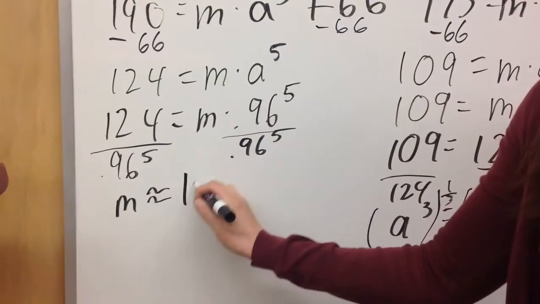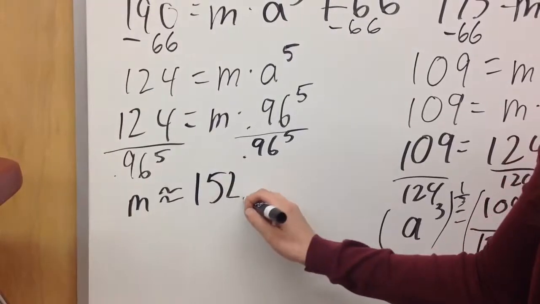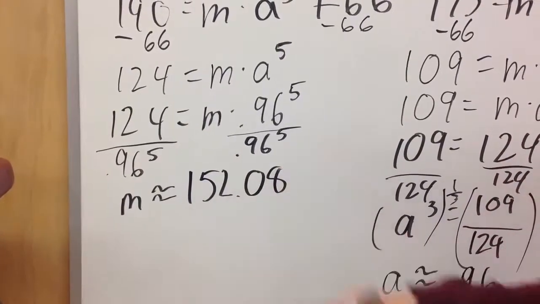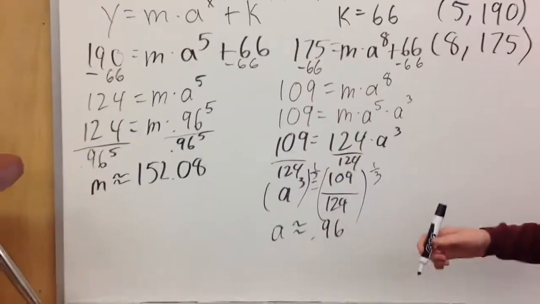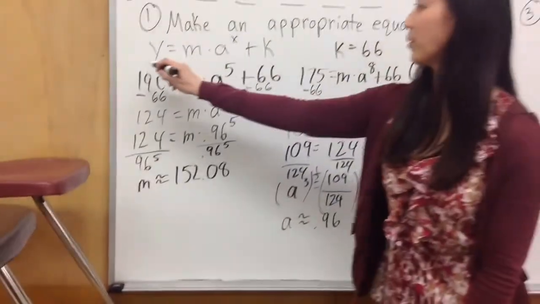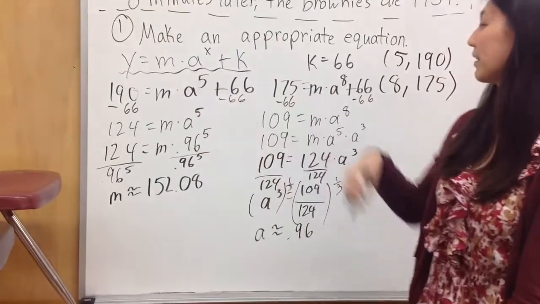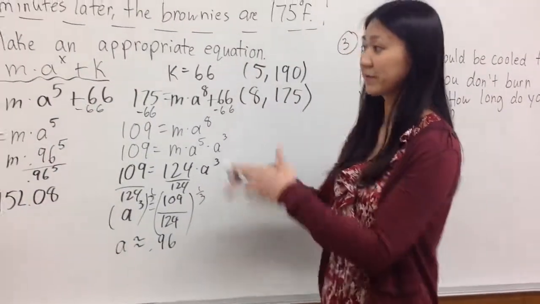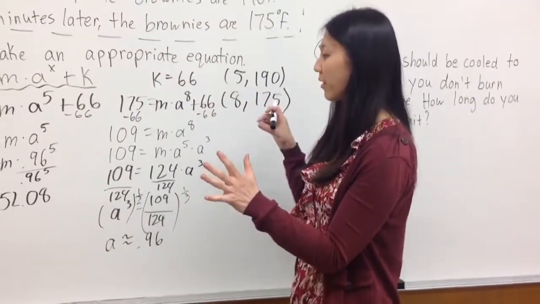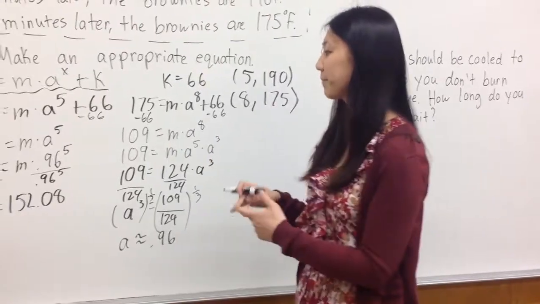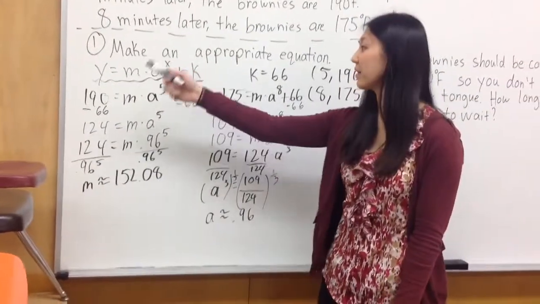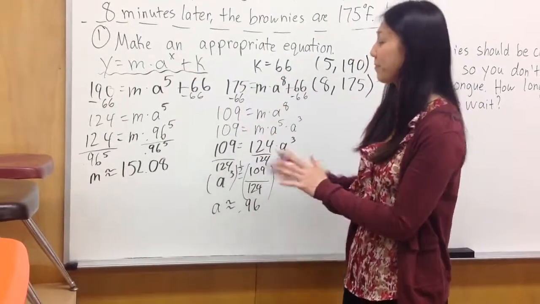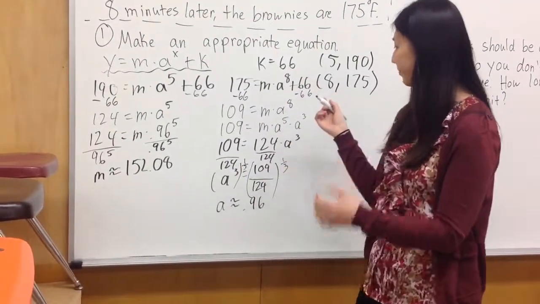So we got 152.08 for m. So now that I have a and m, I'm going to plug this into this equation right here because that's what it's asking for. I've done the majority of my work. Now all I'm going to do is plug in m, a, and k into my formula here. I'm going to leave x and y as they are, and that will be my equation.